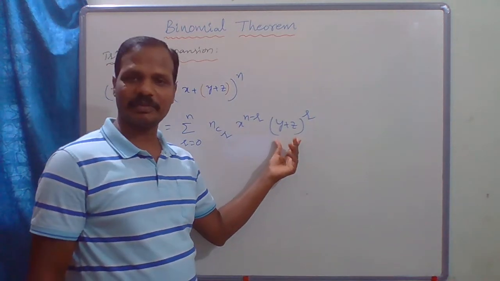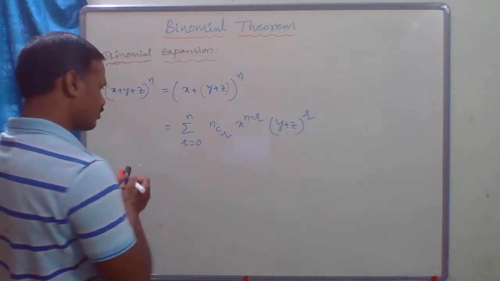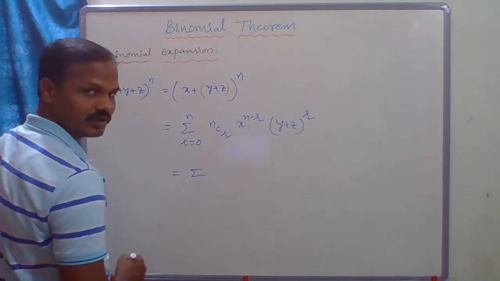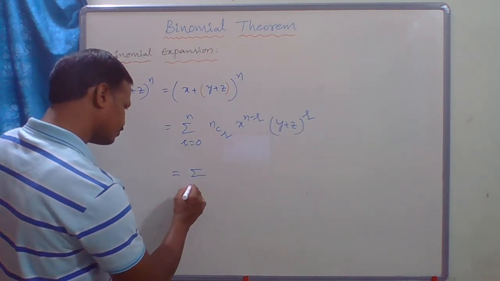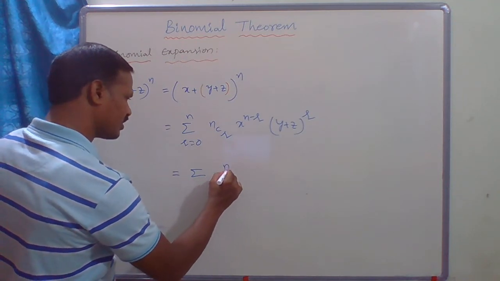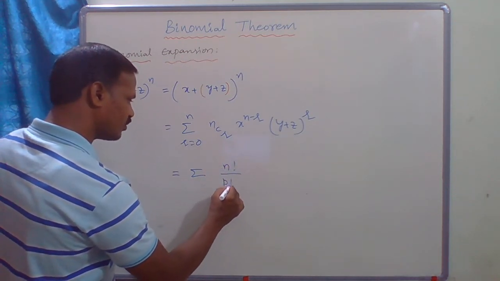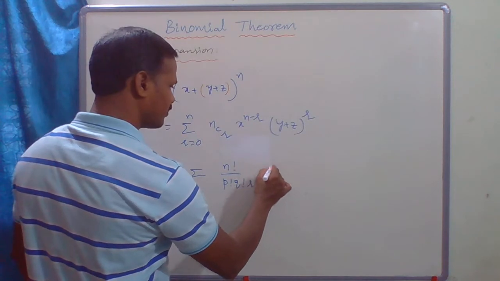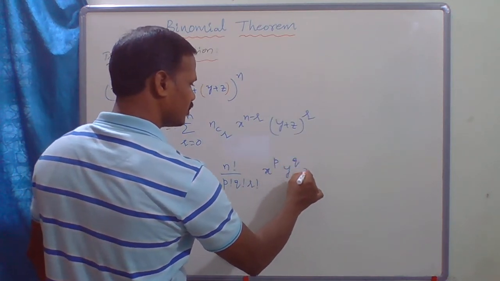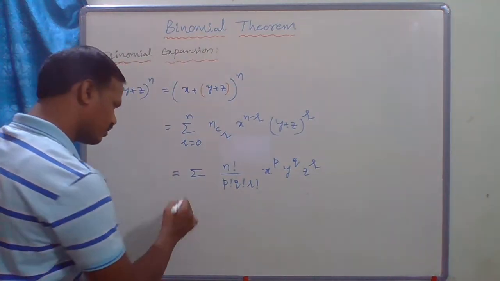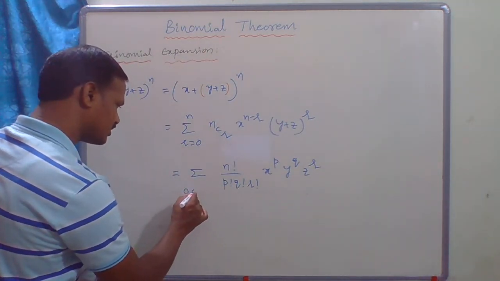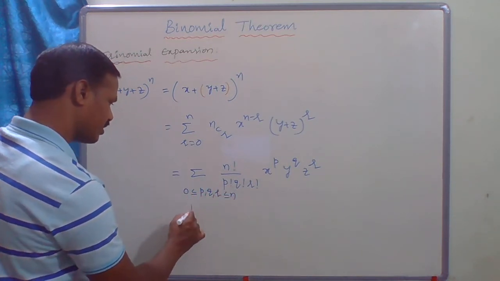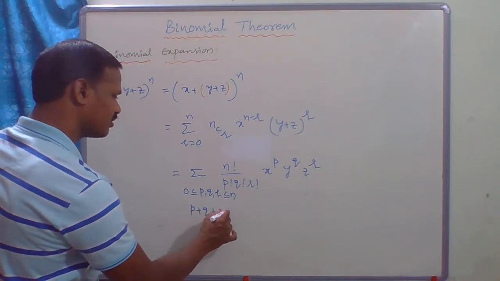By expanding this, the general form will come like this: summation n factorial by p factorial q factorial r factorial, x power p y power q z power r, where 0 is less than or equal to p, q, r, less than or equal to n, and p plus q plus r equal to n.